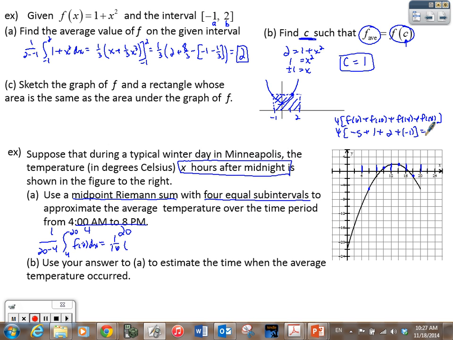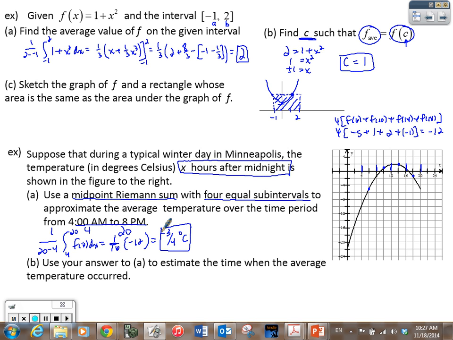So I add all that together, multiply by 4, I get -12. So that's our integral. That takes the place of this little guy right here. So 1/16 times -12 gives me -3/4 degrees Celsius. That's my average temperature over that time period.